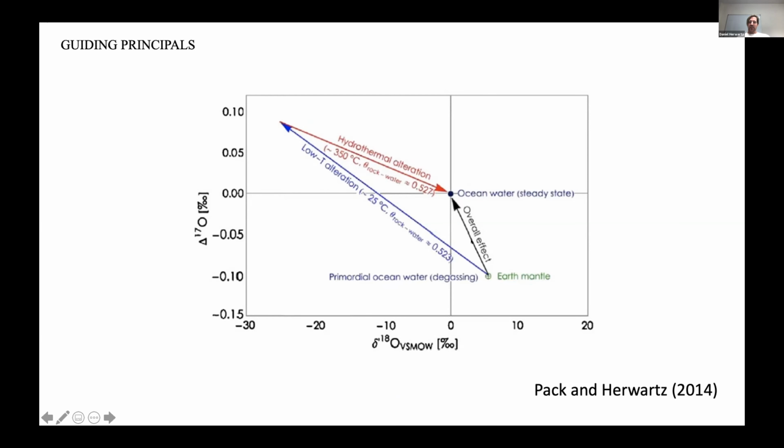The overall effect is then a vector that is outside the range of the theta values we expect for equilibrium, but it's simply the overall effect from superimposed processes, holding the ocean water in a steady state. So this would be 0.51 something.